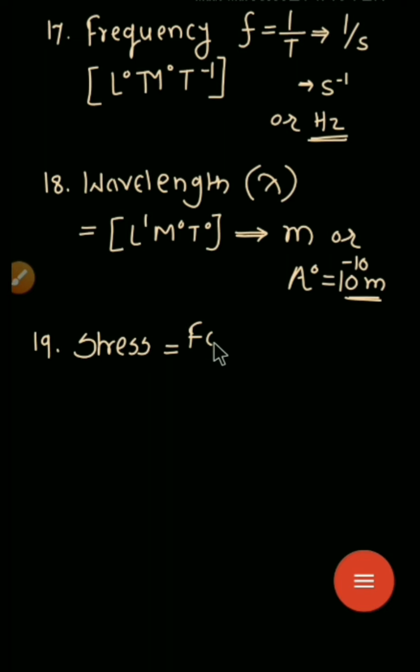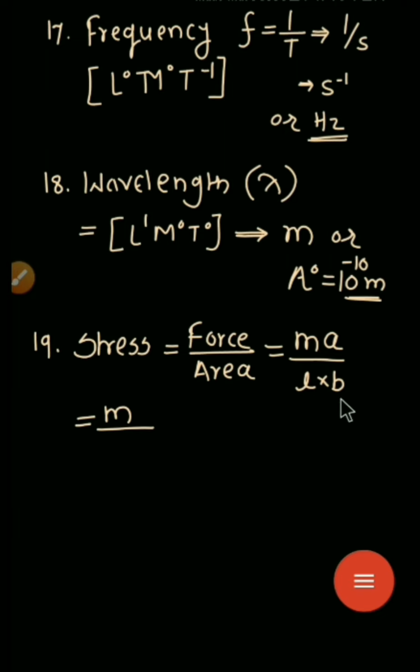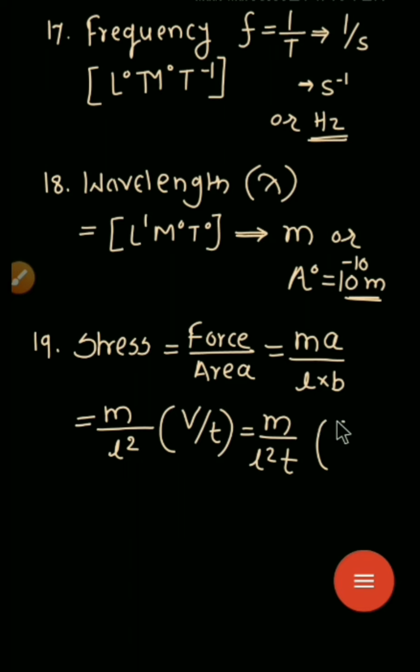Force upon area. फोर्स को हम लिखते हैं मास इंटू एक्सेलरेशन, और एरिया होता है हमारा लेंथ इंटू ब्रेथ. सो मास क्या है? फंडामेंटल. लेंथ इंटू ब्रेथ, ब्रेथ को भी हम इन टर्म्स ऑफ लेंथ लिखते हैं, तो दिस इज L². दिस एक्सेलरेशन को हम लिखेंगे वेलोसिटी अपॉन टाइम. सो दिस विल बिकम मास L². टाइम क्या है? फिर से फंडामेंटल. सो वेलोसिटी रहेगी, वेलोसिटी को लिखेंगे डिस्प्लेसमेंट अपॉन टाइम. डिस्प्लेसमेंट को we will express in terms of length. सो दिस इज मास लेंथ अपॉन L² t².